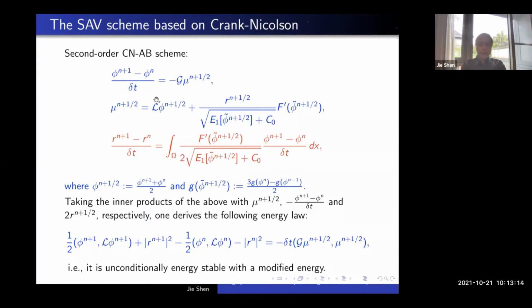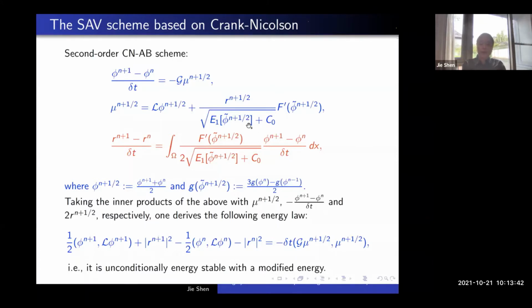You take the inner product of the first equation with mu n plus half. You take the inner product of the second equation with negative of the time derivative. And you take the inner product of the third equation with 2 times R n plus half. And then you sum up the results.